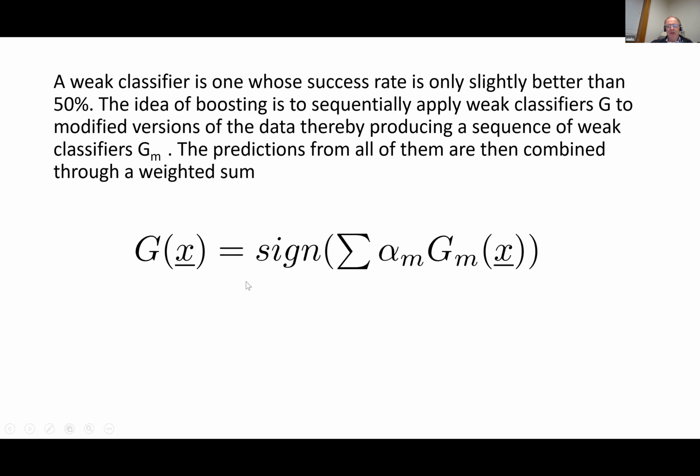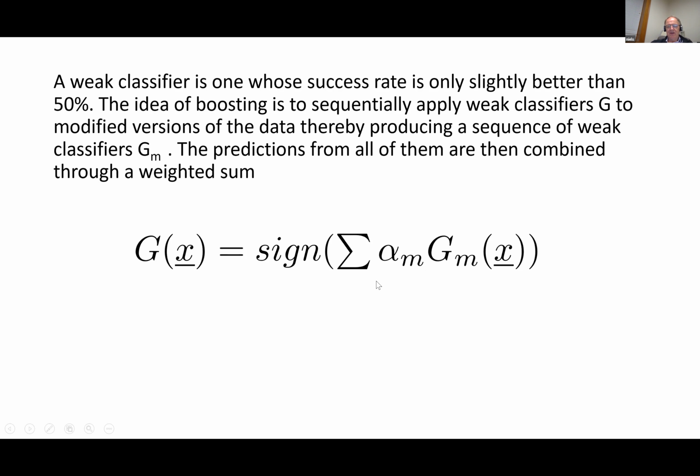In AdaBoost, these G_m here are all tree stumps, trees with just one split. You combine them using some coefficients that we have to compute. The classifier we end up with is just the sign of this.